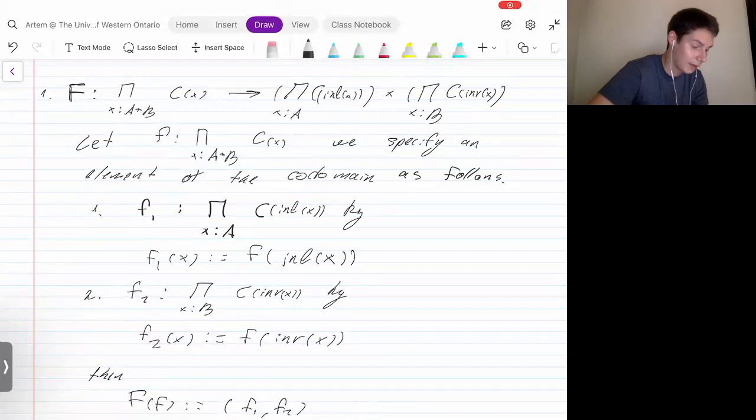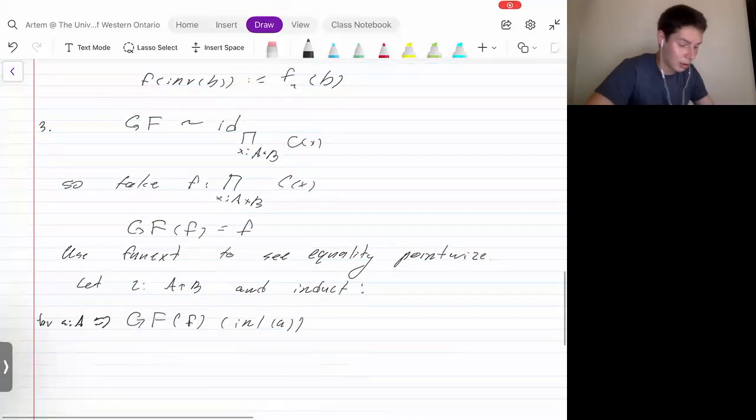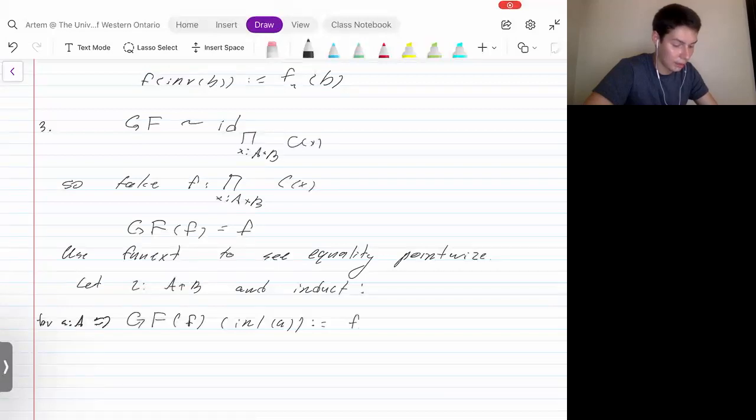So F takes this function and it gives you this product of F1 and F2, where those are defined by F. So here we apply G to this.